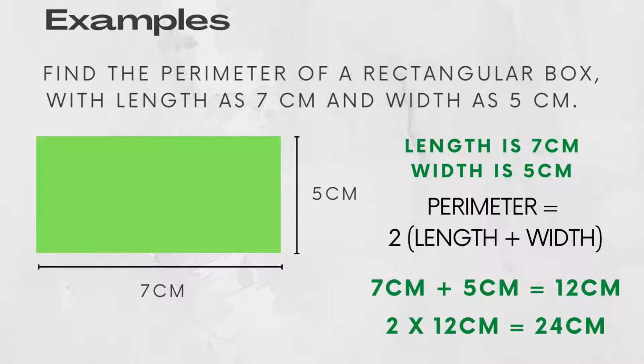Since there are two sides of each, we must find the sum of 7 and 5, then multiply it by 2. 7 centimeters plus 5 centimeters gives us 12 centimeters. 2 multiplied by 12 centimeters gives us, you guessed it, 24 centimeters.